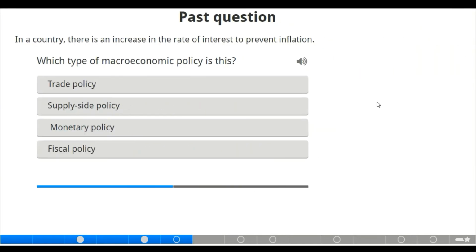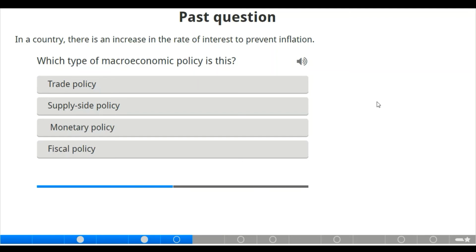We also have one past question here related to the monetary policy. In a country, there is an increase in the rate of interest to prevent inflation, that is the general rise in the price level of goods. Which type of macroeconomic policy is this?